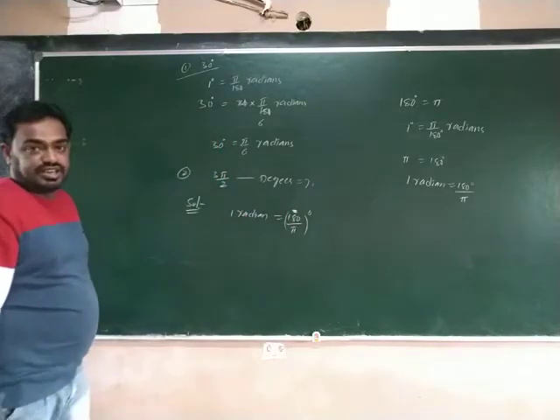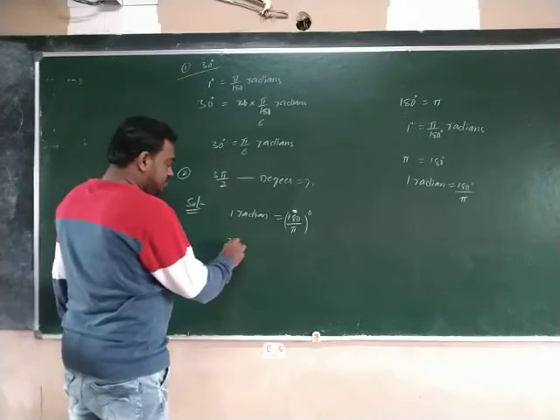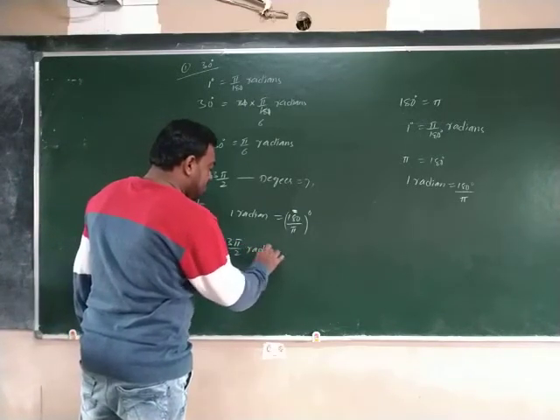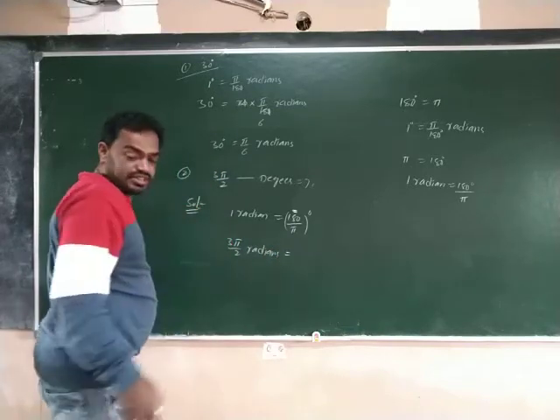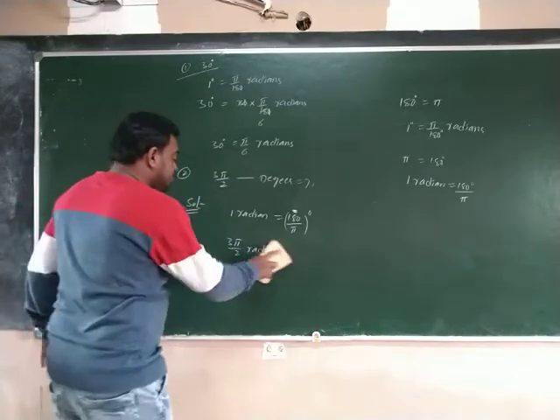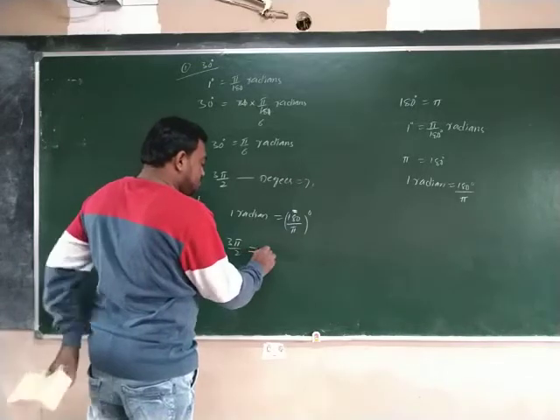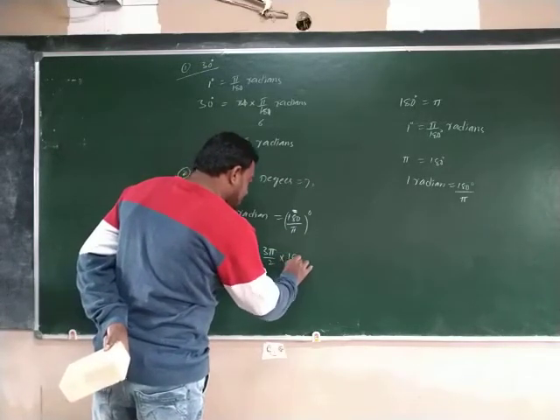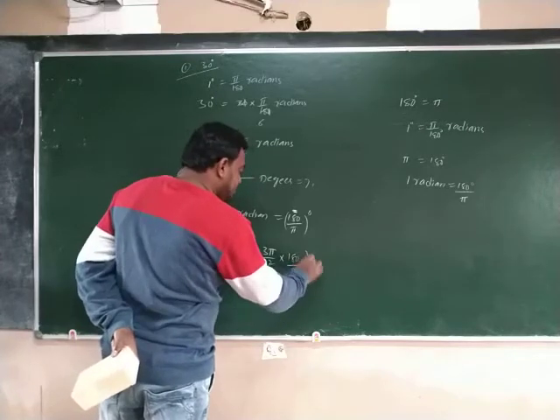So 3 pi by 2 radians is equal to 3 pi by 2 into 180 by pi degrees.